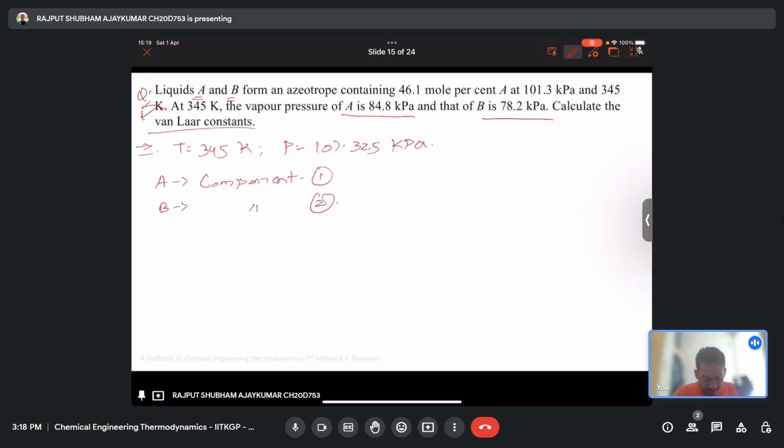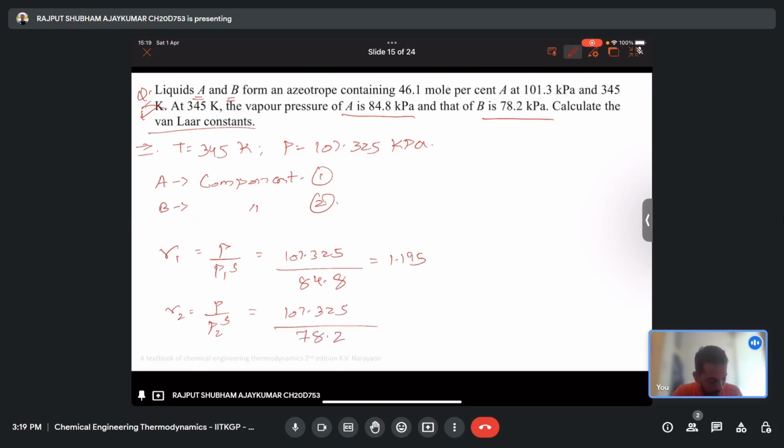So we'll proceed. First we find gamma 1, which is equal to P by P1 sat. The total pressure is 101.325 kilopascal, and the vapor pressure of 1 is 84.8. If you solve this, it comes out to 1.195. Similarly, gamma 2 is equal to P by vapor pressure of 2, which is 101.325 kilopascal divided by 78.2 kilopascal.